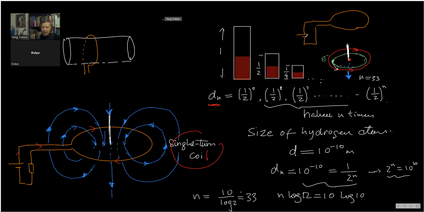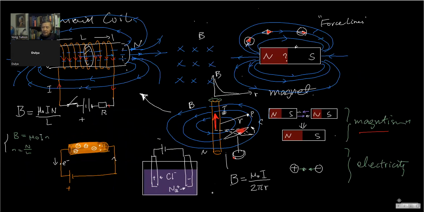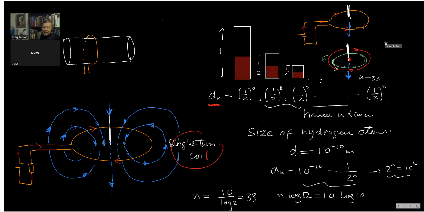We use a battery here, and this is upward, so the current will form. As a result, the magnetic field is generated downward. That is the explanation of the origin of magnetic field by use of a solenoid.